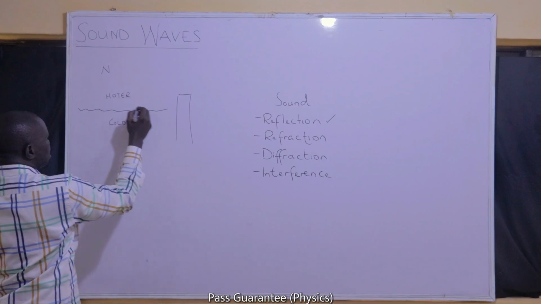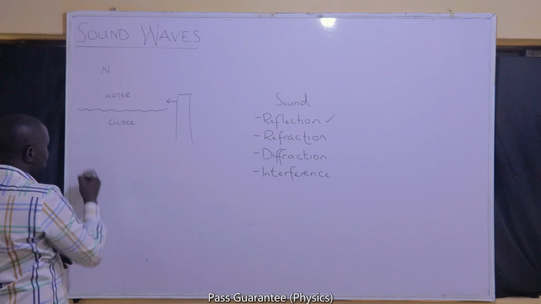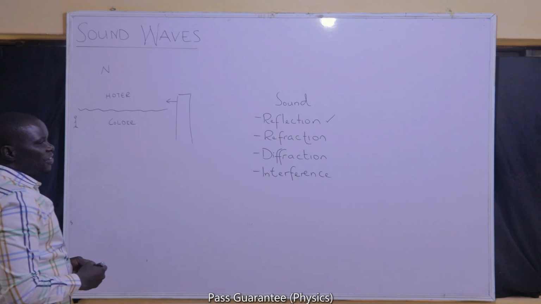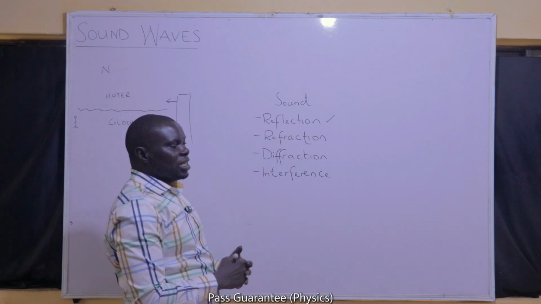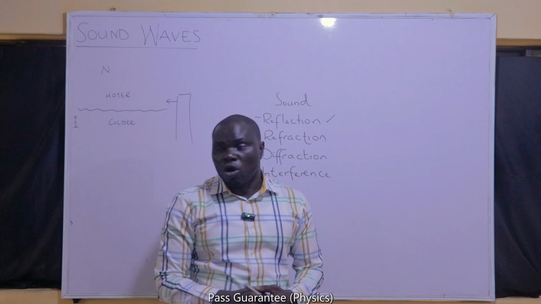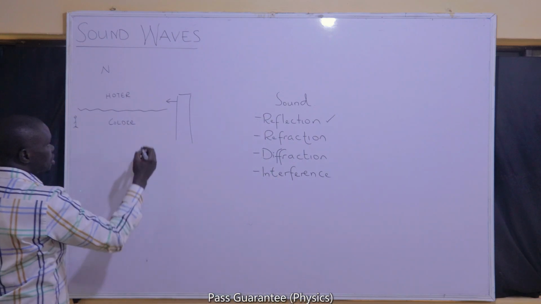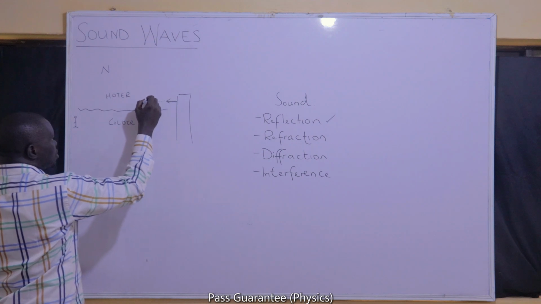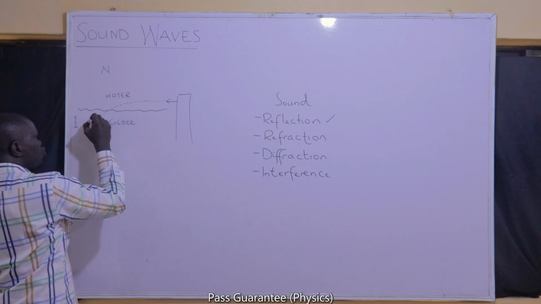If that is the case, it means when sound is released from a far distance, we know that sound travels faster in a hotter medium because the velocity of sound is directly proportional to the square root of temperature. When the sound is released in hotter regions, what that means is it tends to travel towards the colder region where it will move slower.